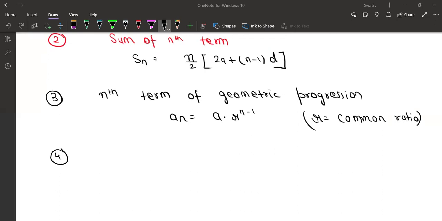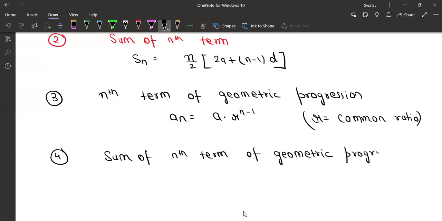Okay, so this is how we can find the nth term of the geometric progression. In the same way, we also have the sum of n terms of a geometric progression. How exactly do we find it? We have two cases. First is when we have to find the sum of n terms, and second is when we have to find the sum of infinite terms.